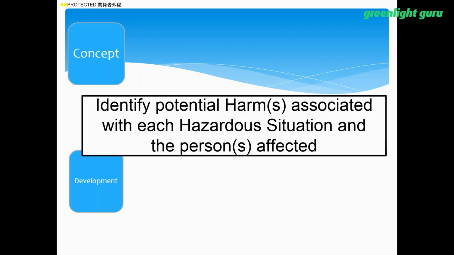Once you have the hazardous situations identified, now what are the harms if someone were to get involved in that hazardous situation, be exposed to it, and then that hazardous situation were to manifest itself into harm? Then start thinking about what is the extent of what that harm could be.